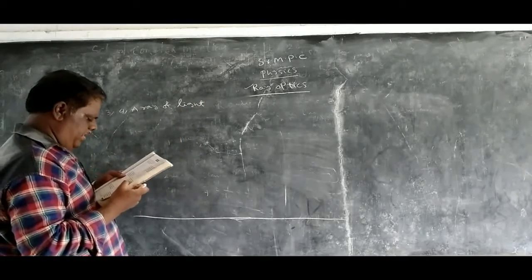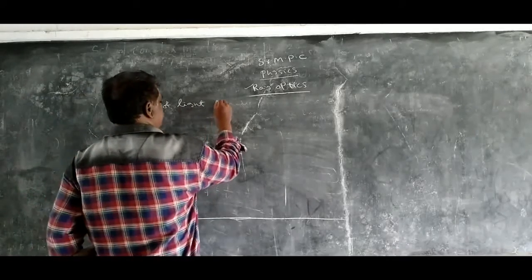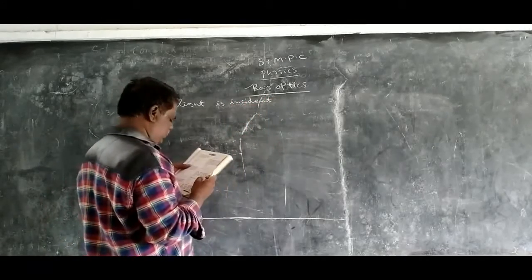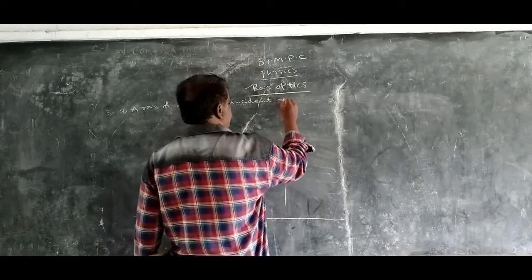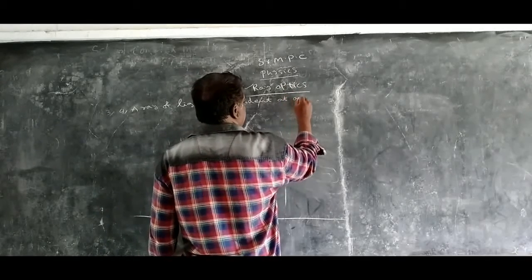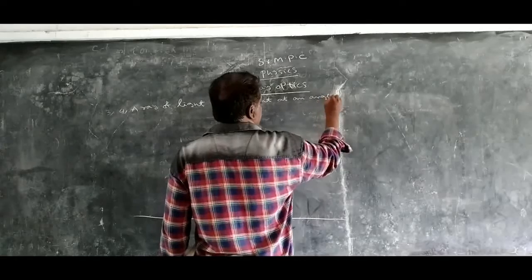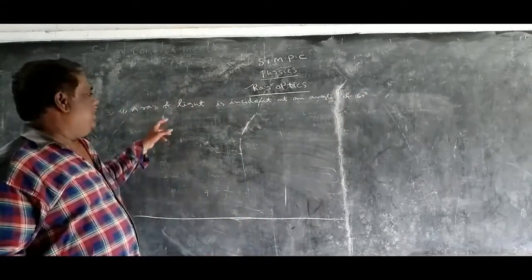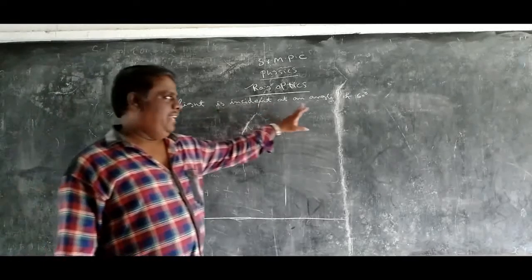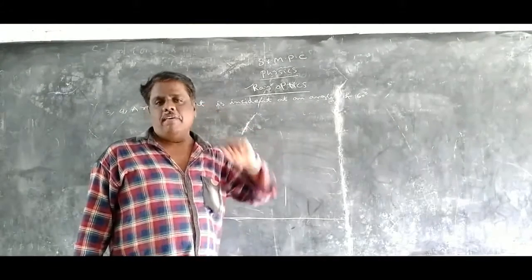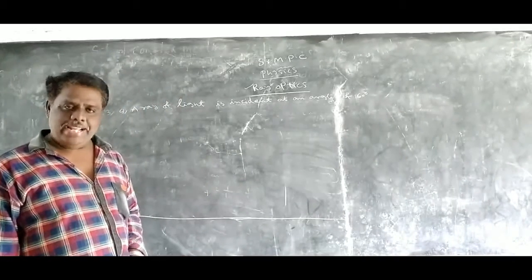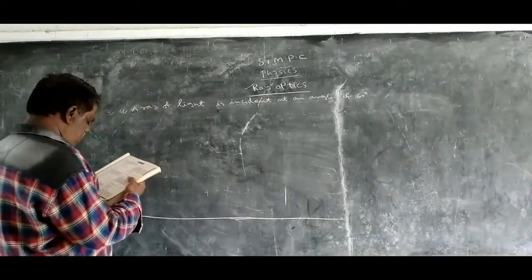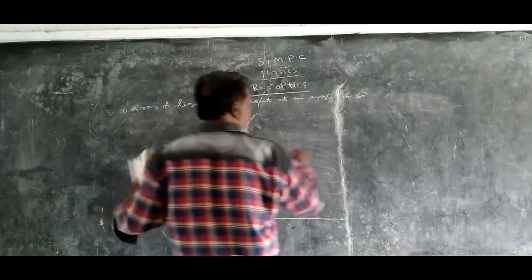A ray of light is incident at an angle of, so that means the light ray incident angle. The angle of incidence should be denoted with i. So the small i value they are given 60 degree on the face of a prism.